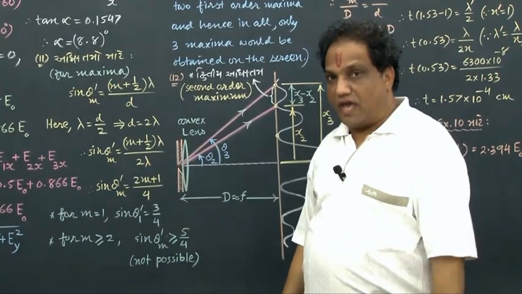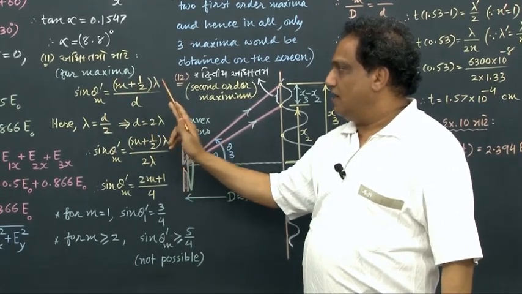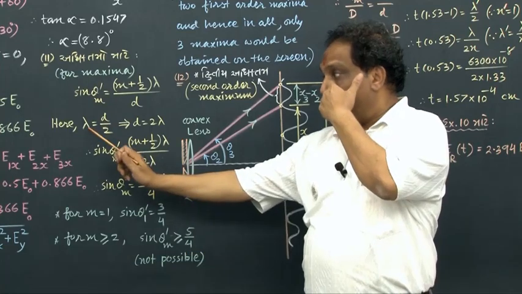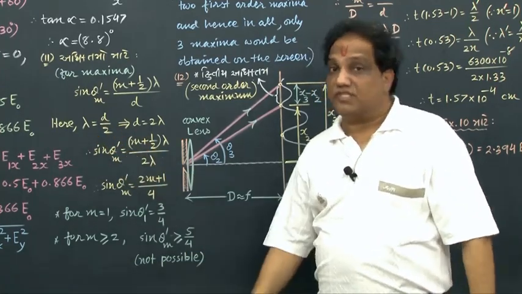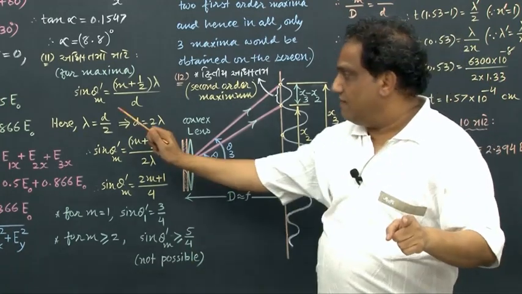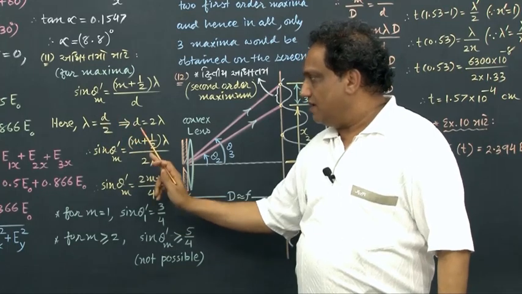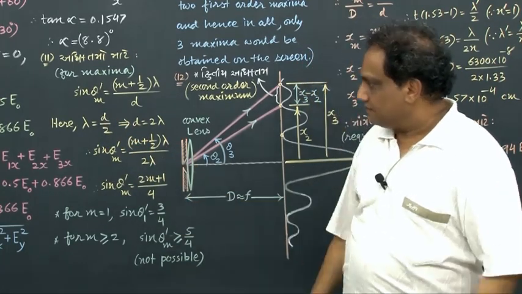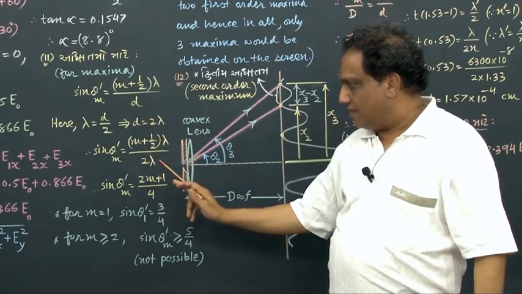Recall the condition for mth order maximum: sin theta m dash equals to (m plus 1 by 2) lambda upon d. But here wavelength they have given half of width of the slit. So lambda they have given d by 2. Transfer this to here. So d equals to 2 lambda. Put here d equals to 2 lambda.